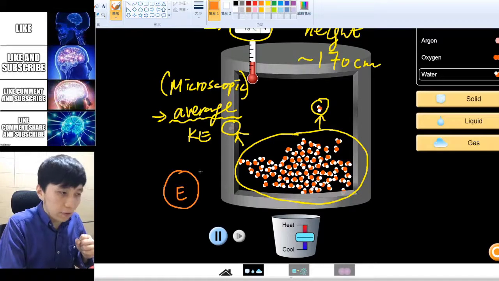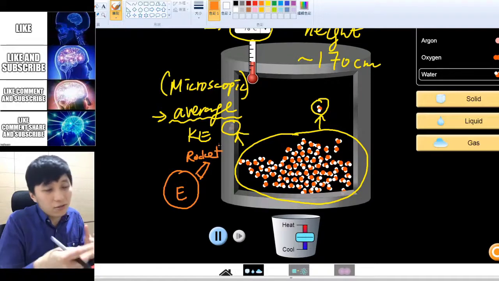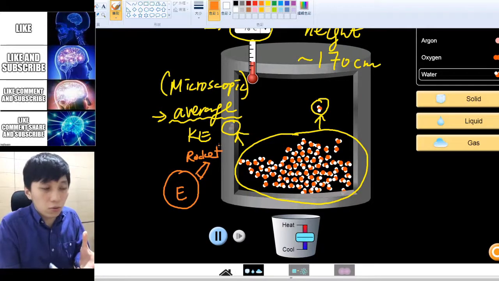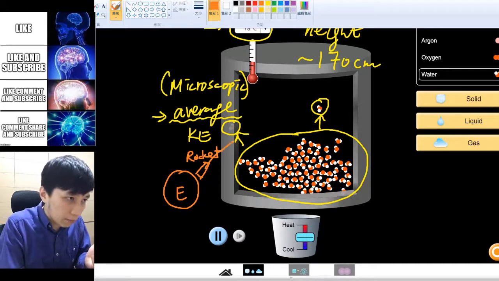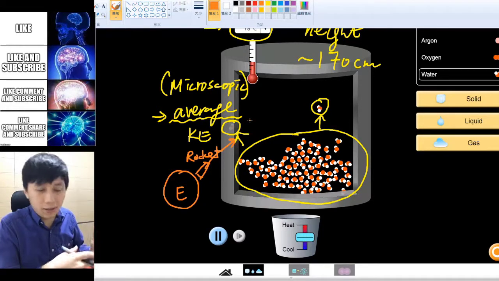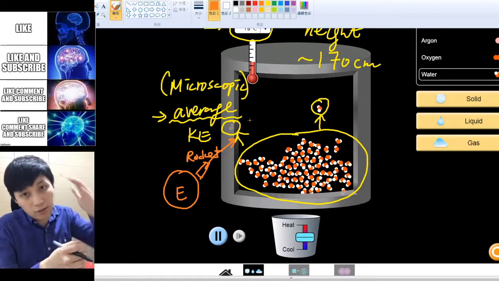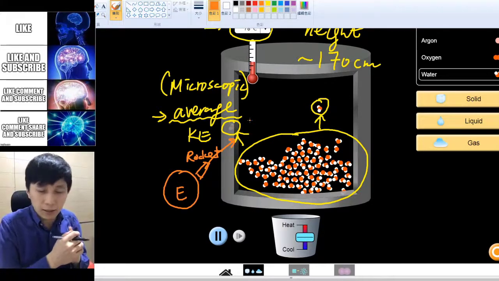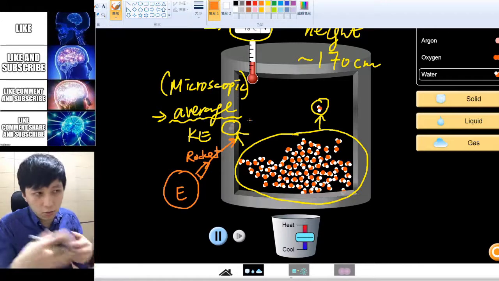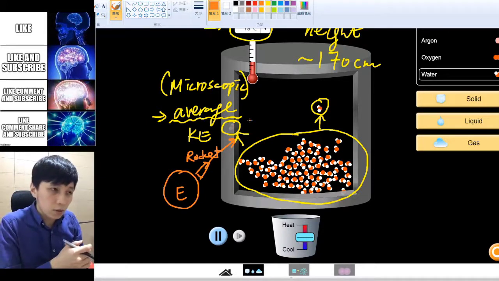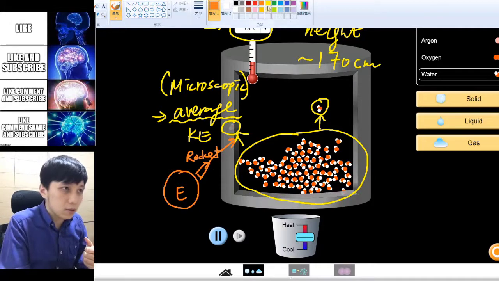for the Earth, if we want to shoot a rocket, sorry, I can't draw it, you need to have enough fuel to give you enough chemical energy to overcome the attraction force, that is the gravitational potential energy of the Earth, so that you can escape from it and reach space or the moon at least. If not, then what happened?